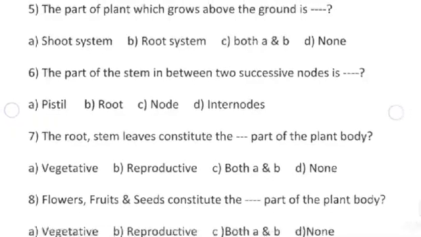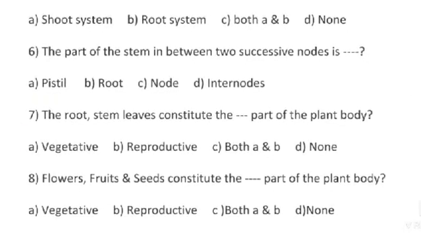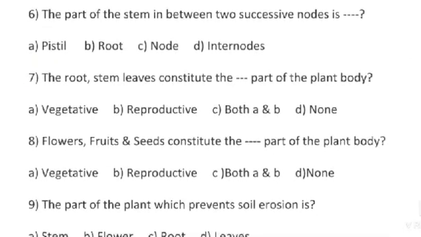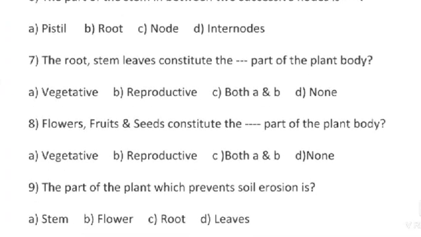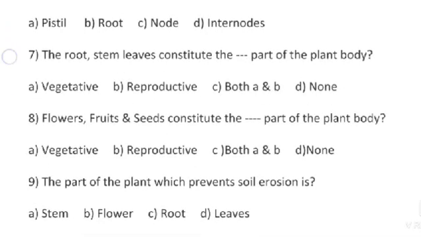7th question. The root, stem and leaves constitute the dash part of the plant body. A vegetative, B reproductive, C both A and B, D none.